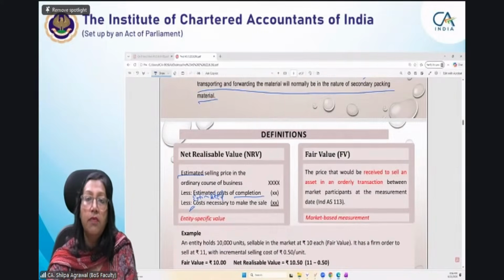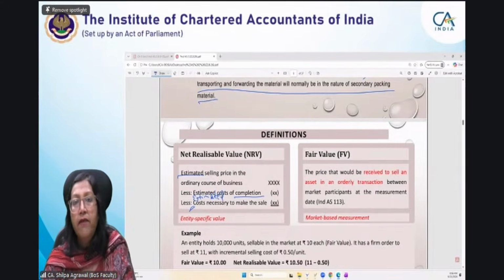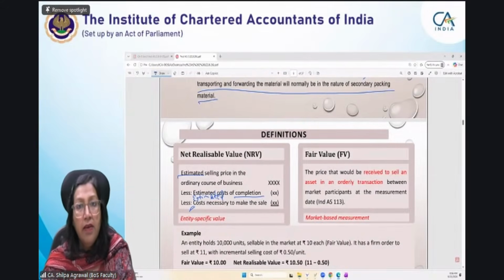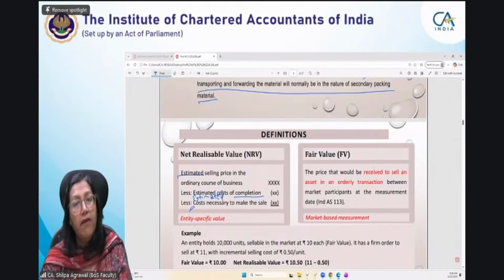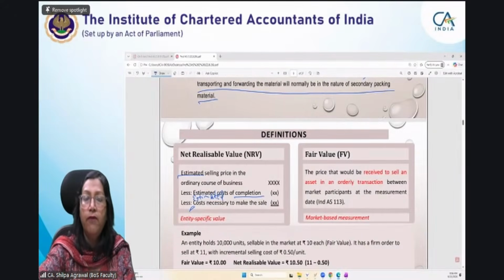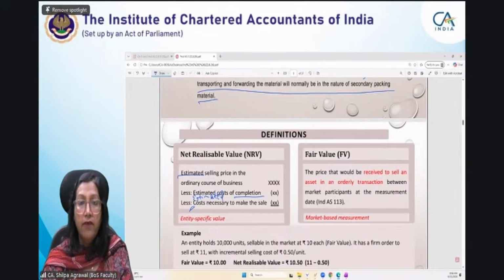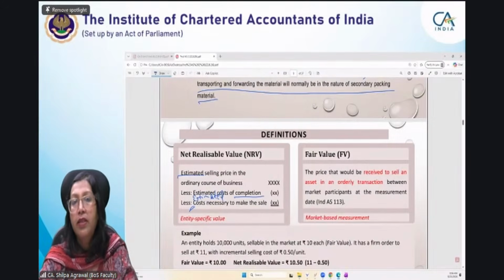An orderly transaction means everything is at arm's length, fair, without any disturbance, between market participants at the measurement date, without any bias or influence, without any force or conditions. Whatever is actual in the market, that price we receive will be the fair value.